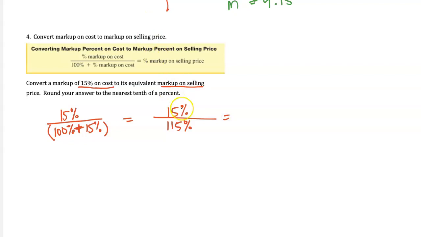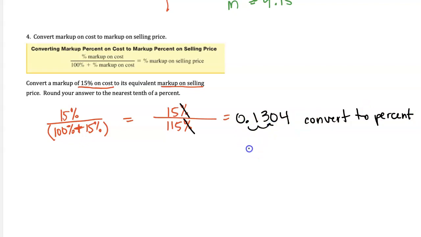Now we can reduce those percent labels, and we can take 15 divided by 115, and I get 0.13, with a bunch more decimal places. Let me go a couple more. And then I'm going to convert it to a percent. So that makes it 13.04%.